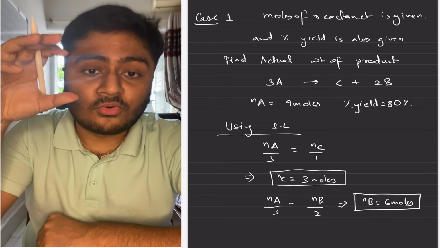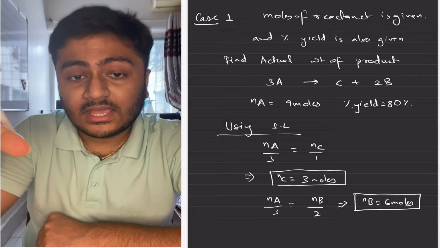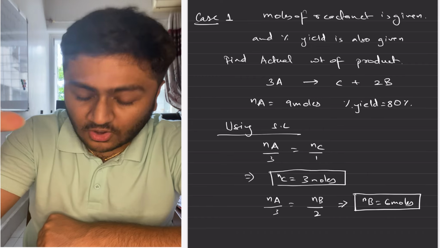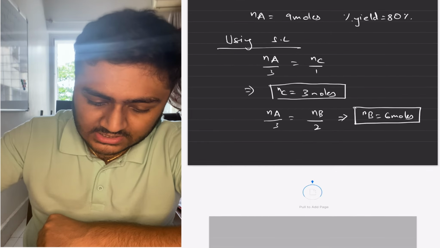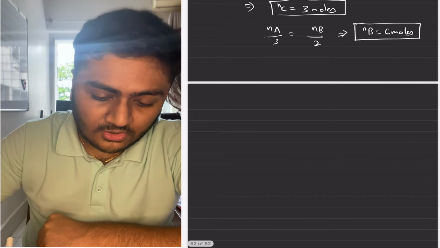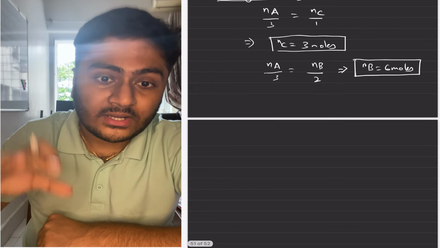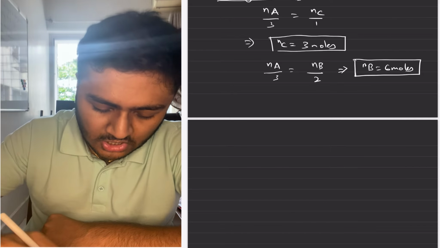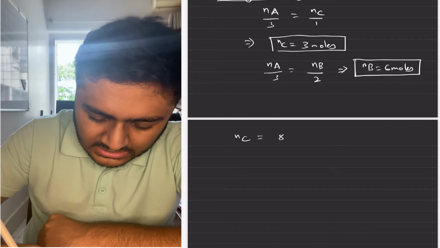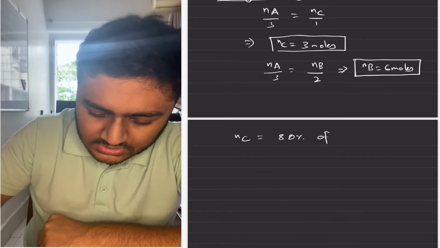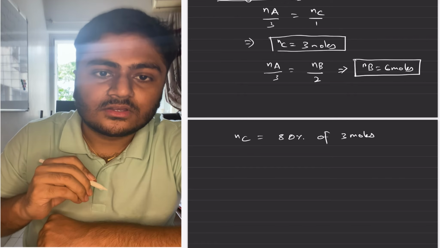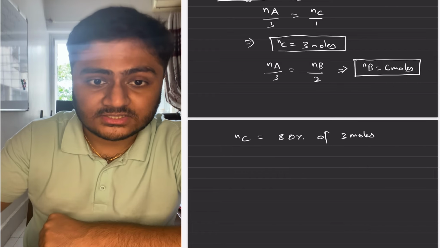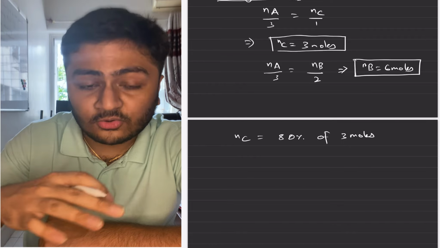Now, moles of C and moles of B have been calculated assuming that the reaction is 100% efficient. So obviously these moles are not our answer. We need to find what happens if this reaction was 80% efficient. If this was 80% efficient, moles of C will be 80% of 3 moles, because 20% has been wasted. They could not be formed.